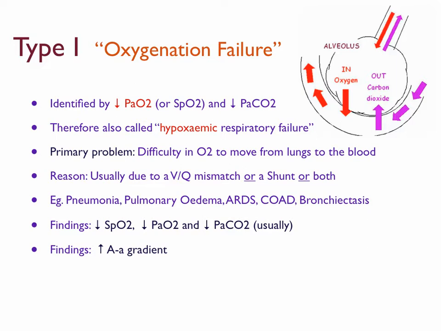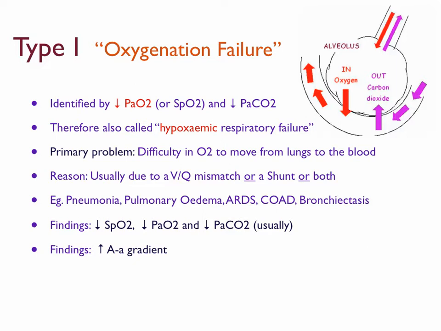And this occurs very often because in some areas of the lungs there is a mismatch in the flow of the blood, or a mismatch in the amount of air that reaches that part, or a shunt, which means that some areas of the lungs the blood will flow right across without hitting any area of oxygenated alveolus. This happens in combination in situations like pneumonia, pulmonary edema, ARDS, COAD, and bronchiectasis.